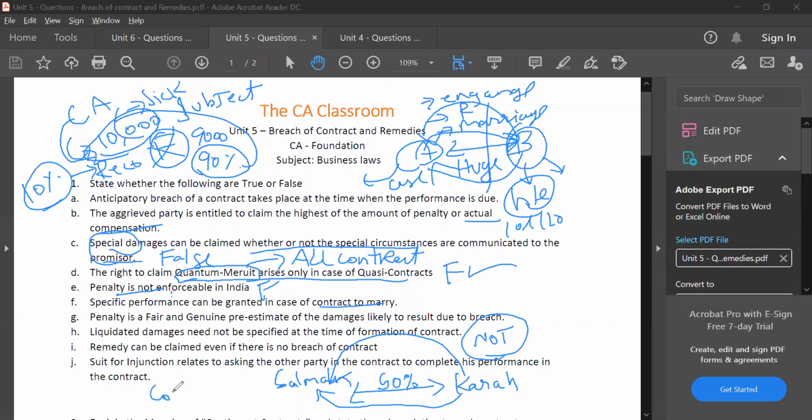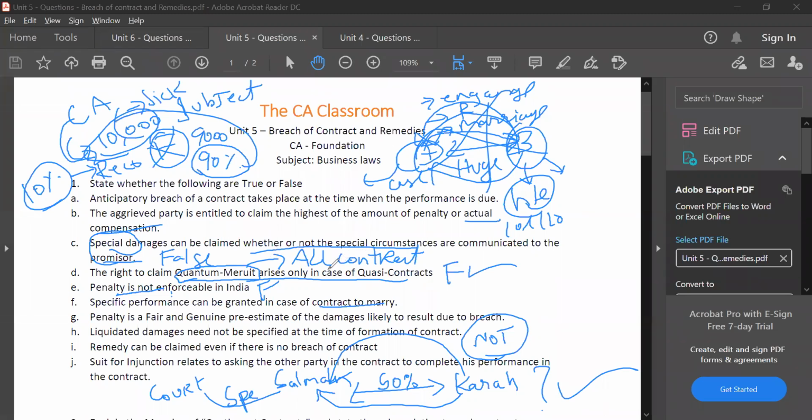Court is giving order. Here, if Karan Johar gets his money back, is it going to be helpful? No, because already 50% of shooting is over. He can ask for specific performance. Remedy should be specifically ask Salman Khan to act for the remaining movie also. Here it is allowed. But in marriage, can I ask somebody to specifically marry somebody by giving a court order? Absolutely not.